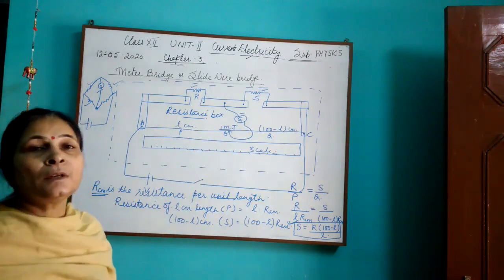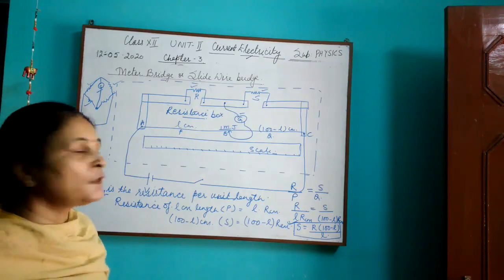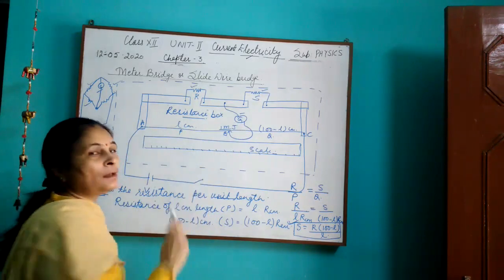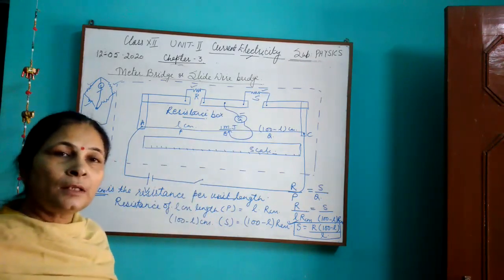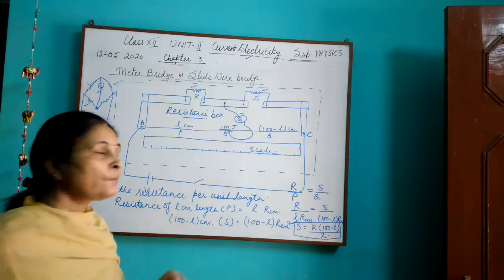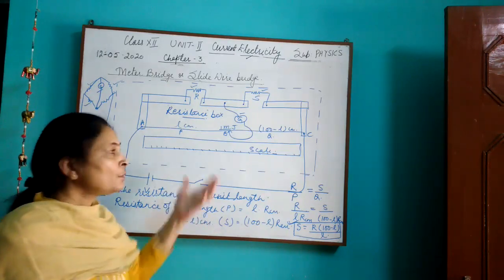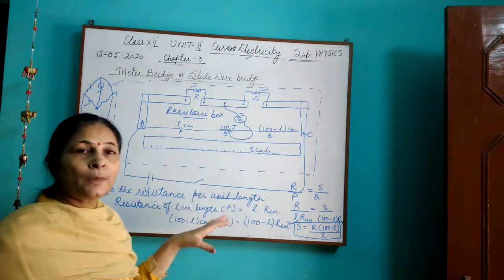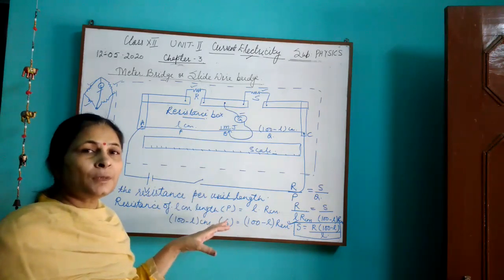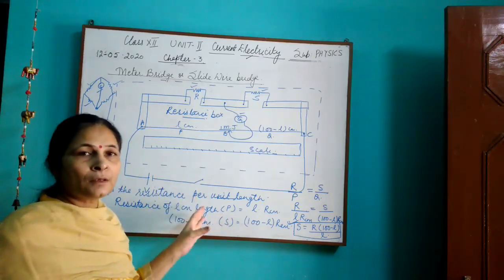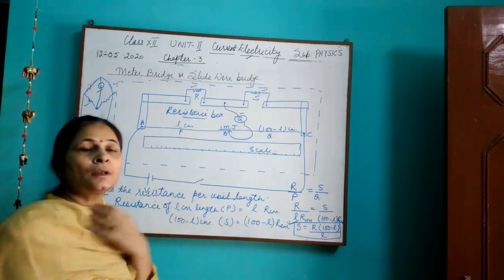There will be no change in the experiment if you interchange the position of the galvanometer and the cell. You can easily interchange the position of the two things, and the answers will come out to be the same. So you can revise this experiment. There's one more application to determine an unknown temperature, but that is not in the course now. So you go in for only this application, and you can do the questions connected with this experiment.